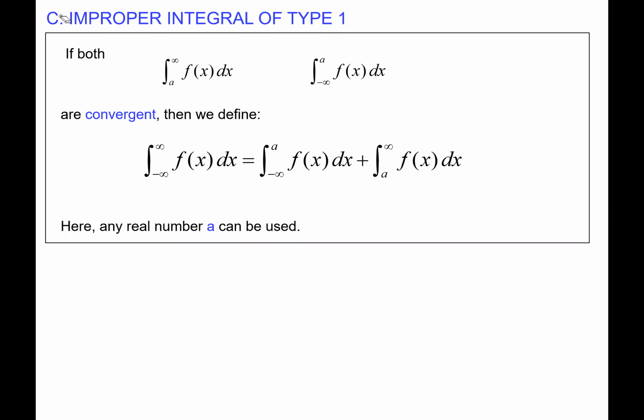This is the case C, the third one, because we may also have an improper integral type 1 defined on both sides of the number line, where negative infinity and positive infinity are involved. My infinite interval is on both sides.